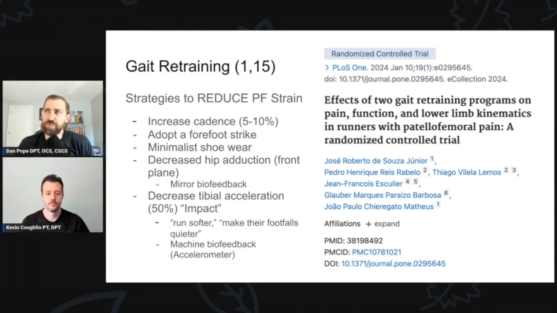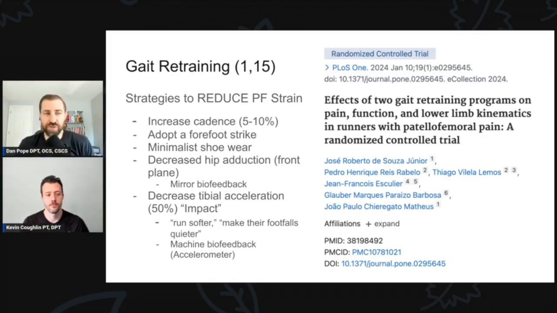But I think it's important to keep in mind there are several strategies to reduce patellofemoral strain while running that have been researched pretty well. One is increasing cadence, somewhere between 5 to 10%, depending on the study. The one you're looking at, if you're watching on YouTube, was a 7 to 10% increase in cadence. You can also try to adopt a forefoot strike, which we'll talk to Kevin about in a minute.